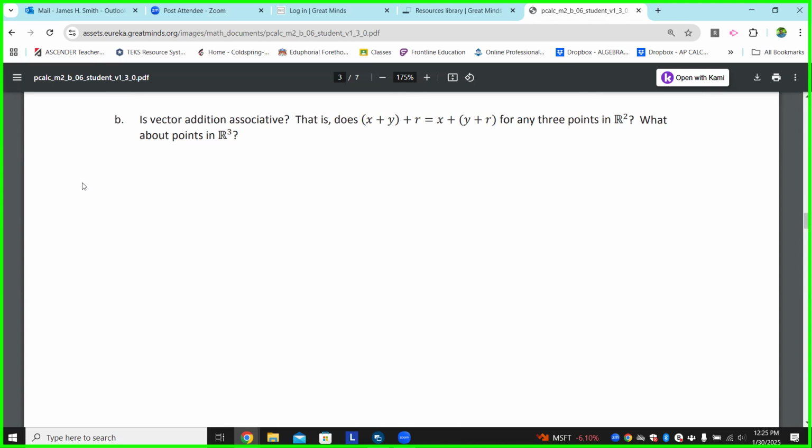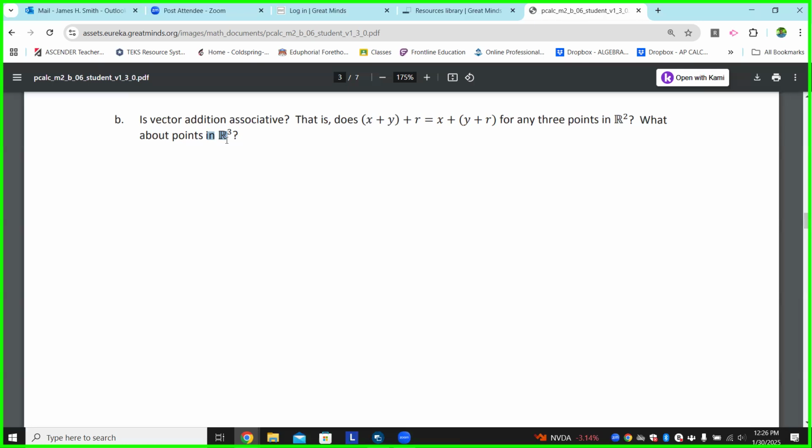If I add that vector first, then add it to the r vector, is that the same thing as adding the y plus r vector first, then adding it to the x? We'll prove it in two dimensions, and then you can believe me that all three-dimensional objects can still be cut in space on a two-dimensional plane. It's just no longer the xy. That's why we don't talk about four dimensions, because four dimensional is a lot harder and doesn't have the same application. It's also really hard to graph. It is associative.